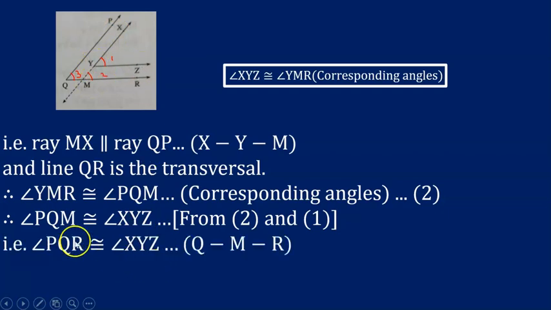That is, measure of angle PQR is congruent to measure of angle XYZ. See this here, all these three angles are of equal measures.